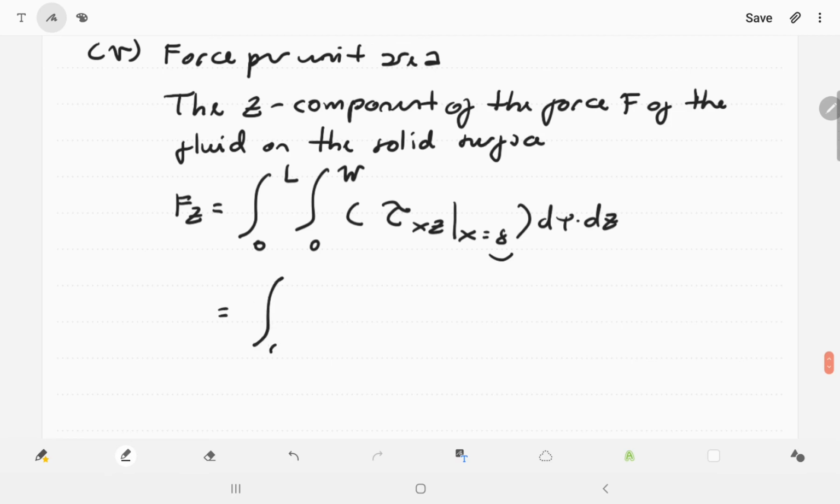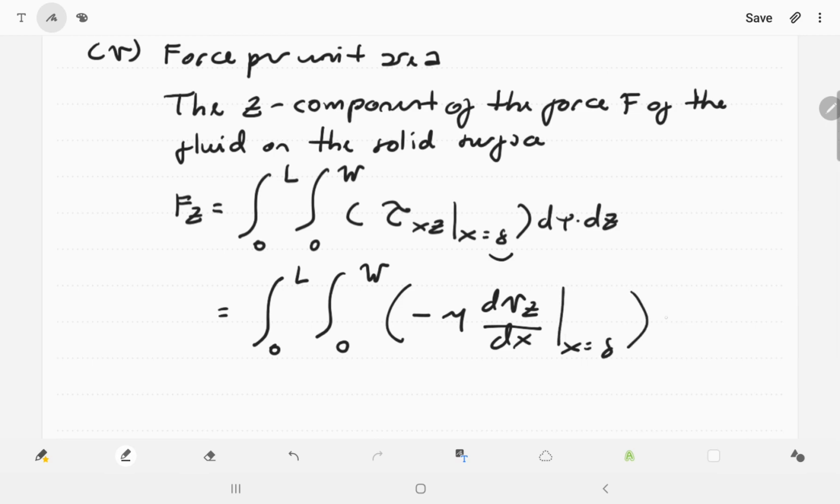Okay, so this will be equal to the integral from 0 to L, 0 to W of minus mu dvz per dx at x equal to this, dy dz.